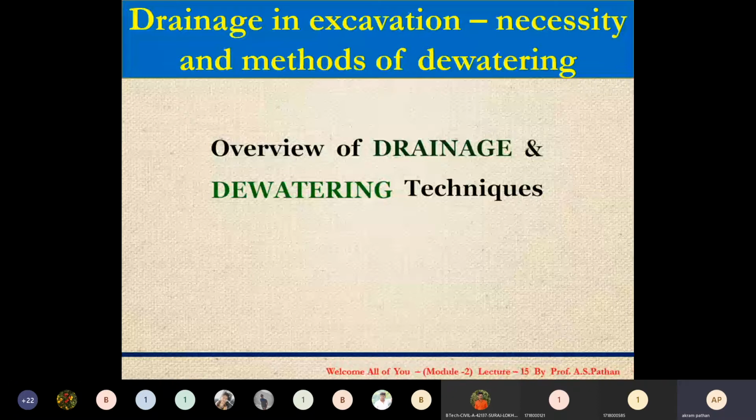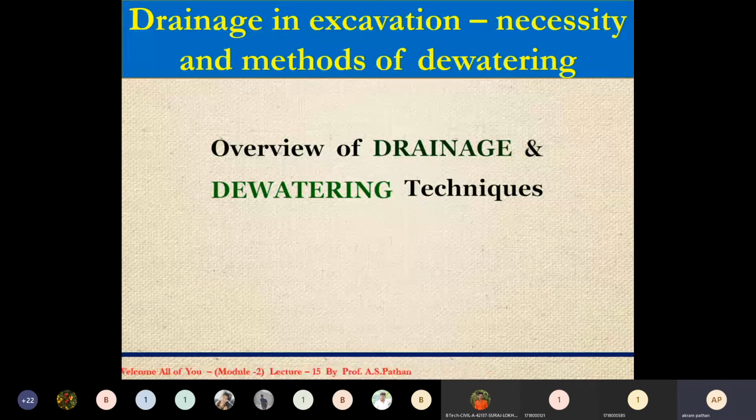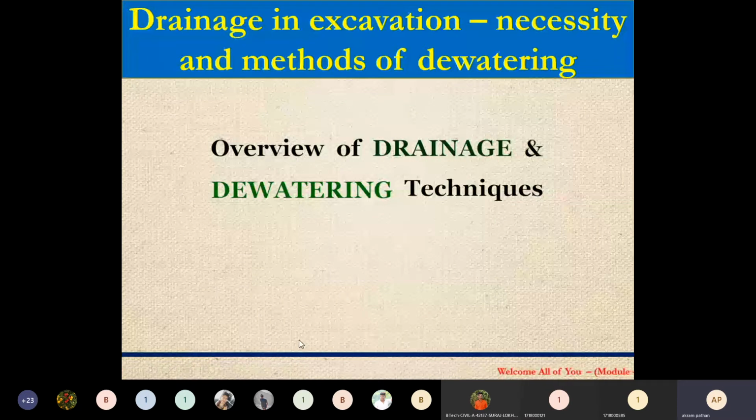Such excavation requires lowering the water table below the slope and bottom of the excavation to prevent sloughing of the slope and to ensure a dry and firm working condition for construction operations. Therefore, dewatering is an important consideration for construction managers, especially during excavation and foundation stages.